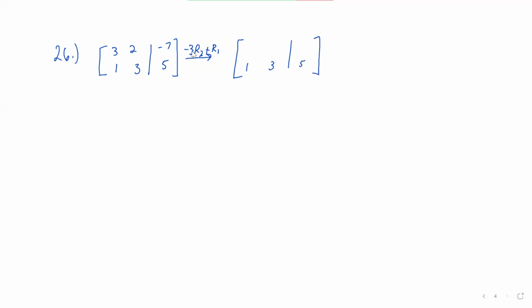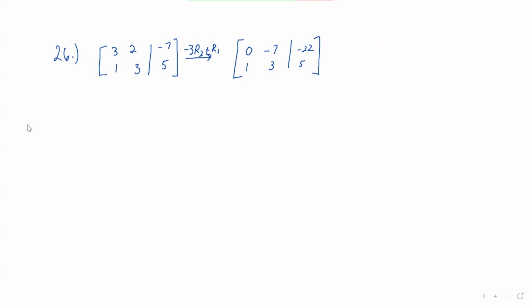Negative 3 times 1 is negative 3, plus 3 gives me 0. Negative 3 times 3 is negative 9, plus 2 gives me negative 7. Negative 3 times 5 is negative 15, plus negative 7 gives you negative 22. And that's all you're asked to do at first. So let's see some more.